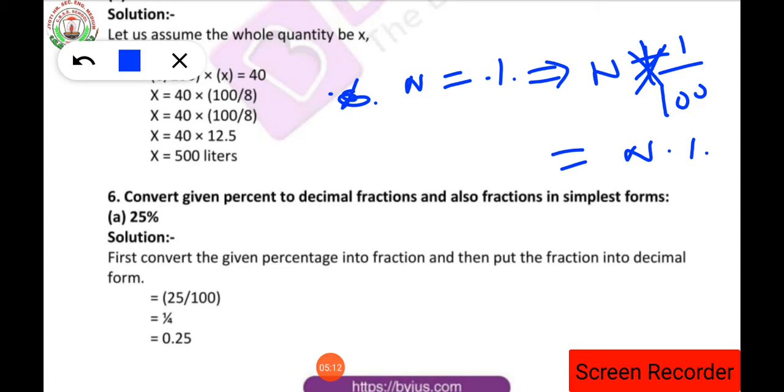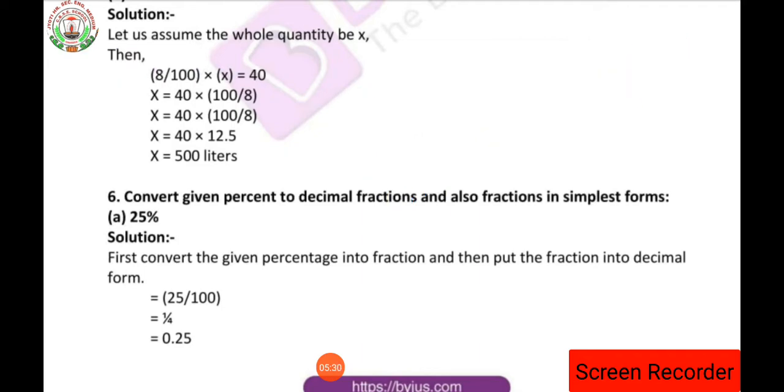In the same way, when we are converting the percent into a number, we have to just divide that percent by 100.